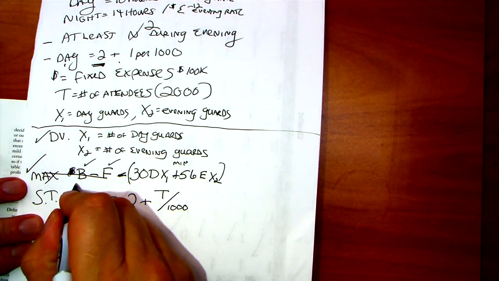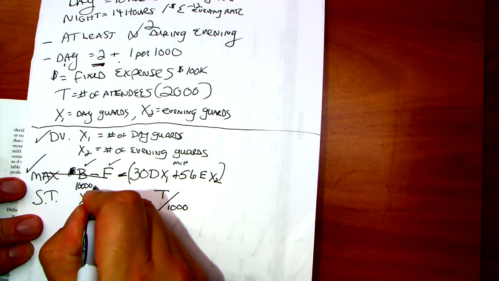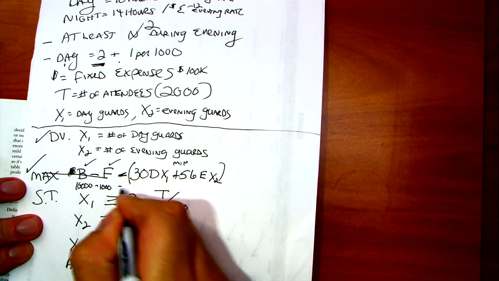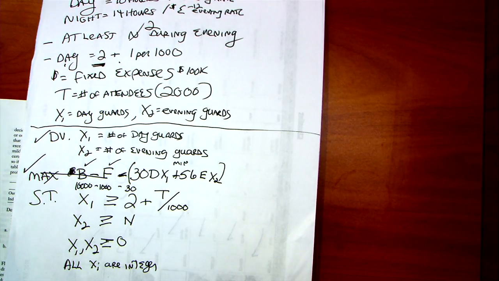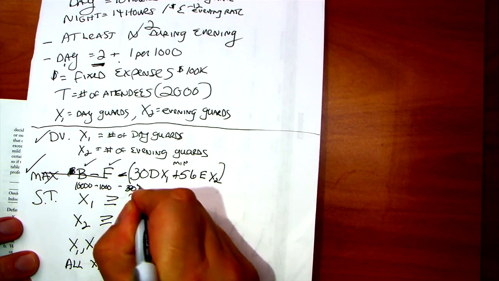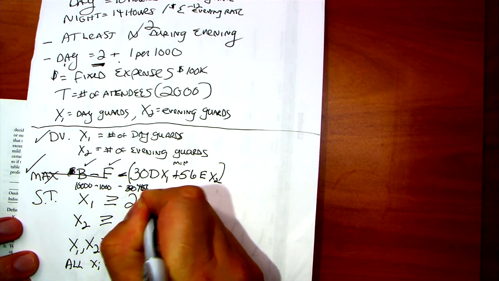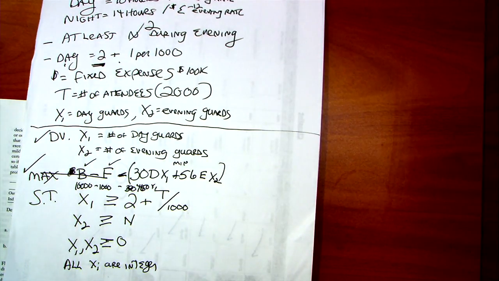So I would just do that. This is 10,000, this is 1,000, minus 30 times D, the day rate, which is 15, so 30 times 15 would be 450 x1. Every day guard is going to cost us $450, and every evening guard is 12 times 56.